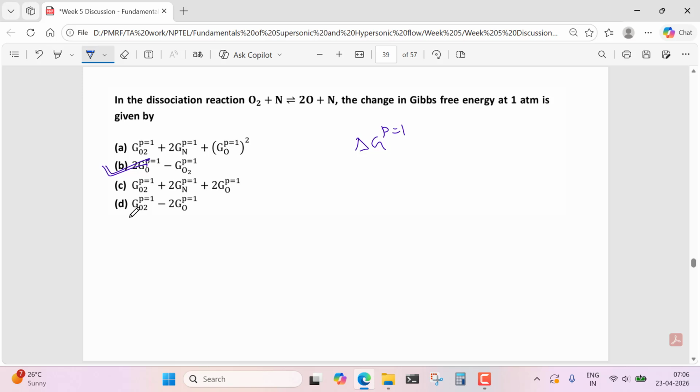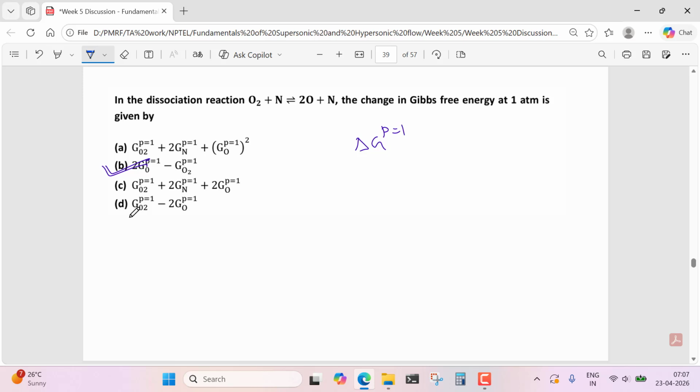Now we will see one problem related to our theory. In the dissociation reaction O2 plus N gives 2O plus N, the change in Gibbs free energy at 1 atmosphere is given by: option A, G O2 at P equal to 1 plus 2 G N at P equal to 1 plus G O at P equal to 1, whole squared. Option B, 2 G O at P equal to 1 minus G O2 at P equal to 1.